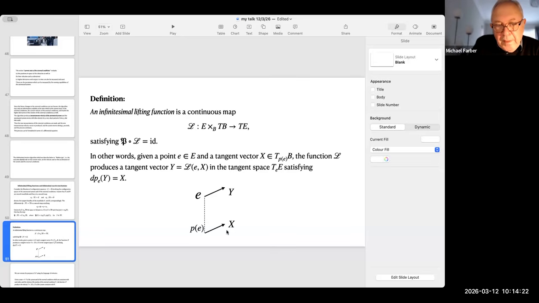Okay, and this picture shows, you give me some velocity of external conditions, and E is the current state of the system and the external conditions, and this infinitesimal lifting function produces this Y, which covers this X and which starts with E. Okay?